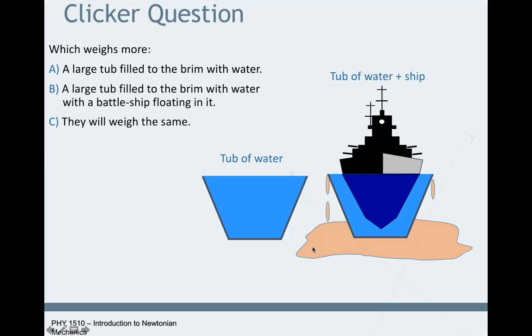If we think that they weigh the same, what we are claiming is the water that you spilled, that has been displaced, is exactly equal to the weight of the ship. So how can we justify that the weight of the ship is equal to the spilled water? Anybody like to share some thoughts?